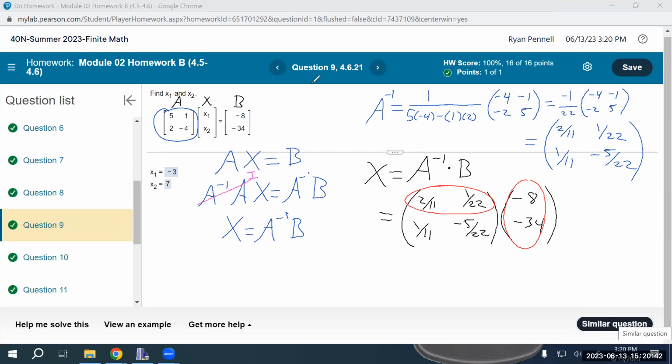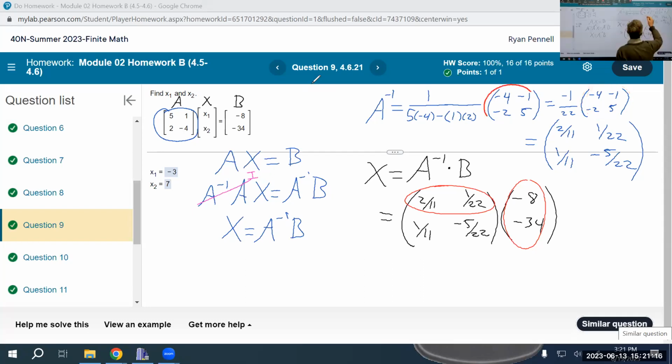Okay, you lost me. Can you go back up? When you did the fraction, I get where you're doing the inverse formula, but where are you getting the matrix right next to it with the -4, -1, -2, and 5? Where did that order come from? This part? Yeah.